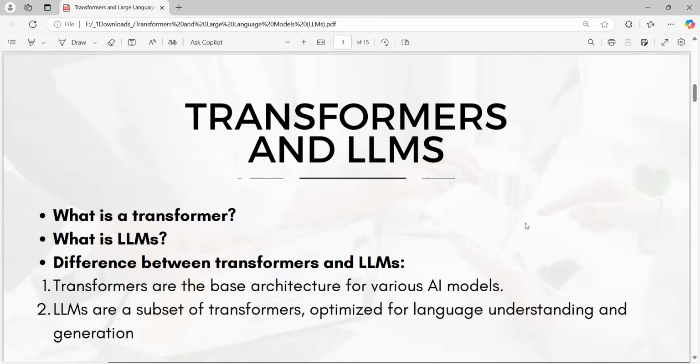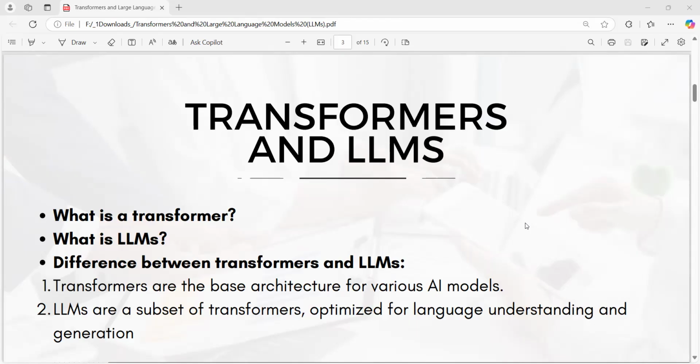One thing that comes to our mind when we talk about transformers is exactly what is the definition of a transformer. To give you a brief introduction, transformers and large language models have changed the field of NLP, natural language processing. The transformer architecture was introduced in 2017 in a paper called Attention Is All You Need.